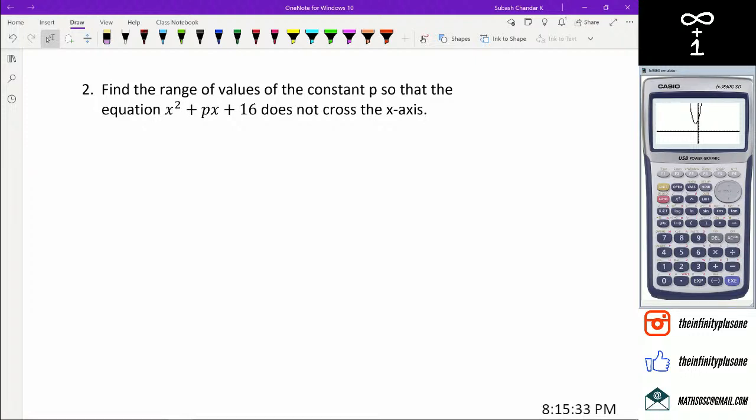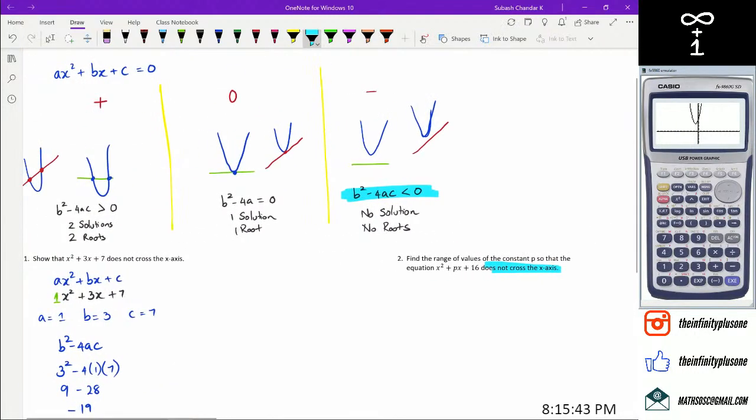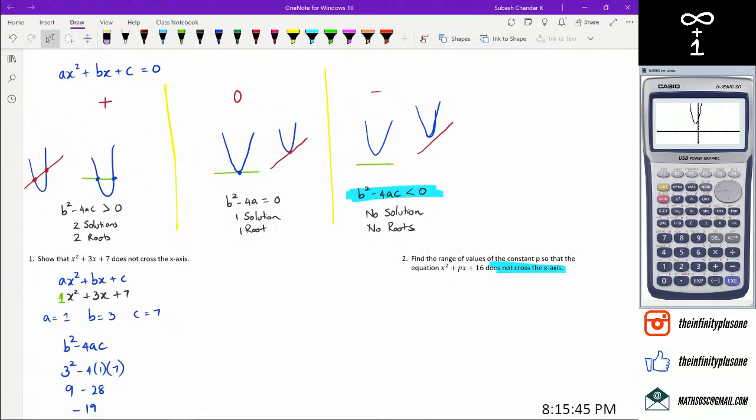So the first thing to recognize is this part right here. It does not cross the x-axis, which means our discriminant, if you go back to our original discriminant diagram, this is the one that we're looking at, because it doesn't cross the x-axis.